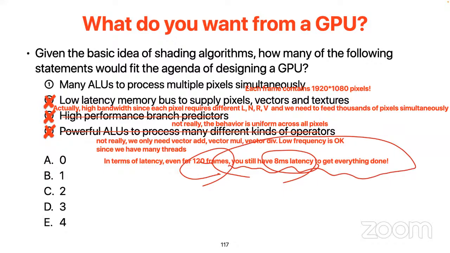So the latency that the GPU can tolerate is a lot longer than the CPU. So if today you really have latency-sensitive, latency-critical tasks, it's probably not a good idea to use GPU because sometimes your latency could be sacrificed because of that.